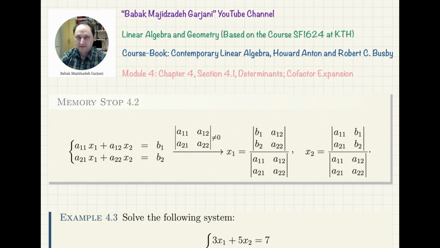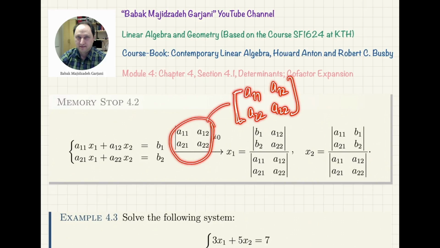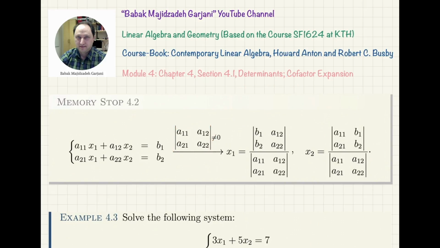Okay, so hopefully I could convince you that introducing this symbol, which we call the determinant of this matrix in the future. So you see that I can have a matrix in this form. I have the square brackets here. Later we will call this the determinant of this matrix.